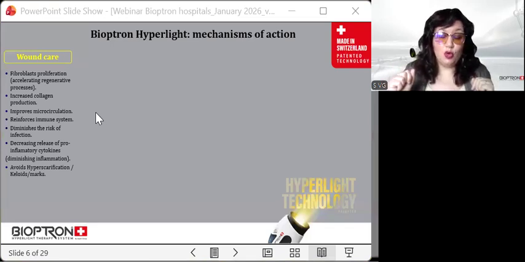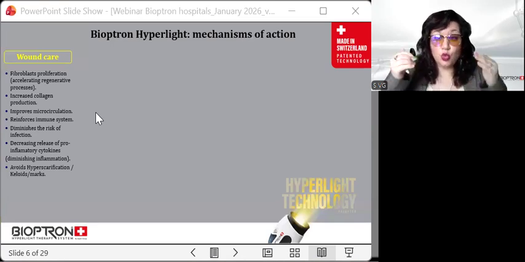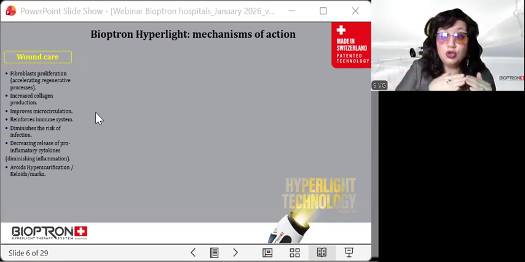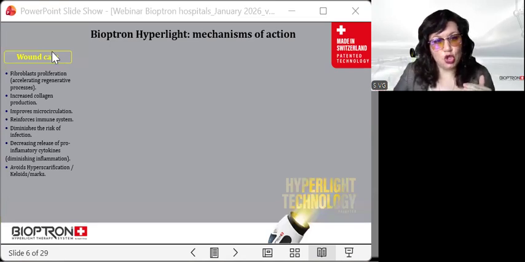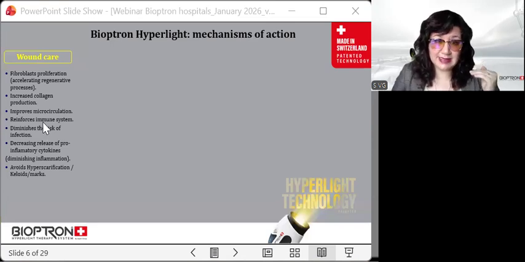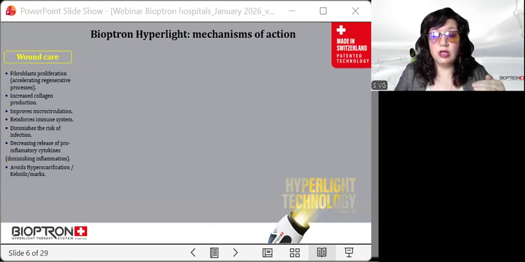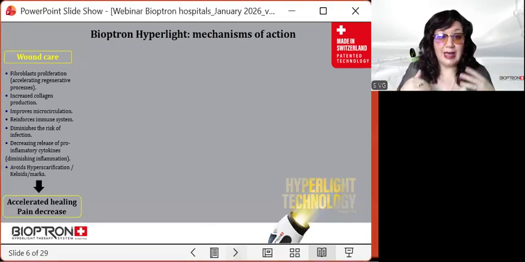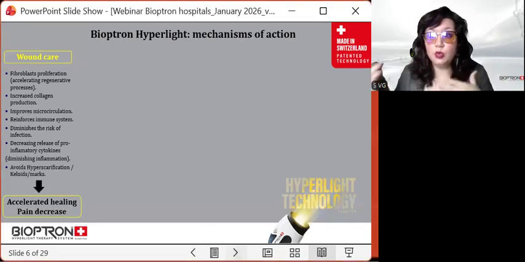And of course, as you know, Bioptron decreases the release of pro-inflammatory cytokines, so we are decreasing the inflammation during the whole process. All these cellular mechanisms will be improved, accelerated, and optimized in the healing of a wound thanks to the use of Bioptron. It will accelerate the healing and decrease the pain.